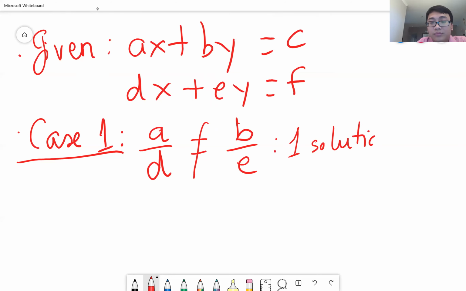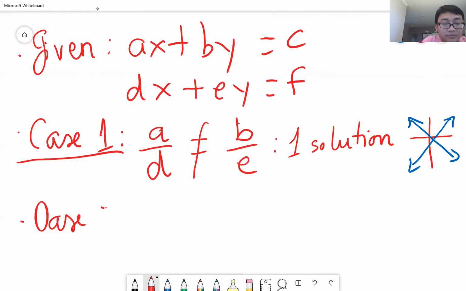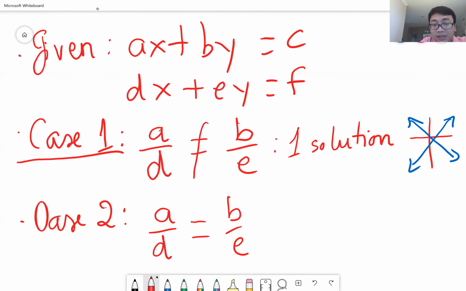And the graph looks like this. The lines will cross each other at one point, because the slopes are not the same. Now, case number 2: a over d, which is the first ratio, is the same as b over e, but not the same as c over f.